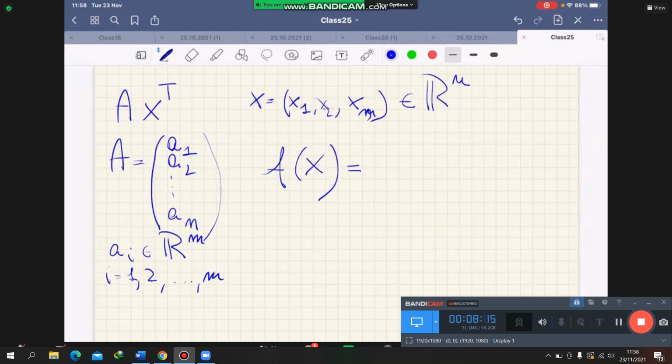It is a1 scalar product x, a2 scalar product x, ..., am scalar product x.